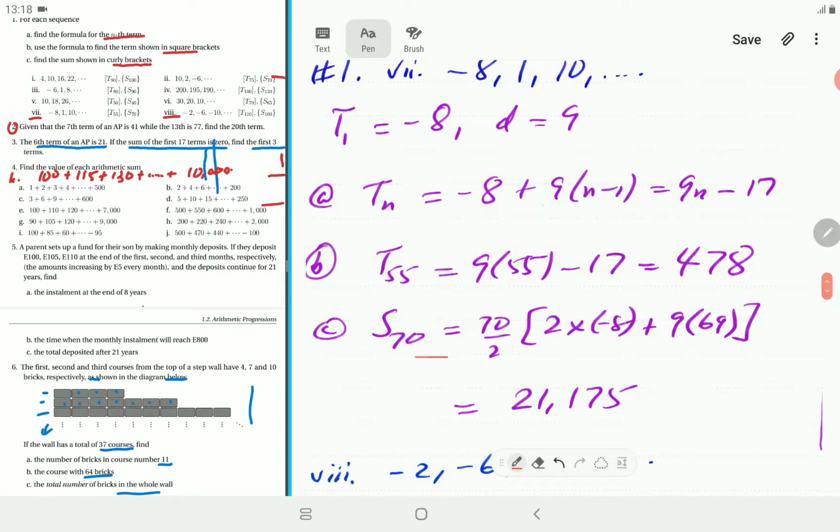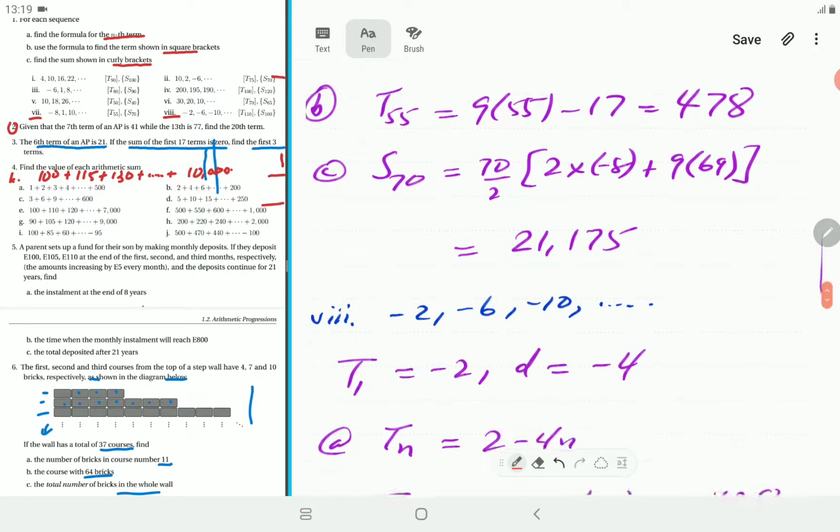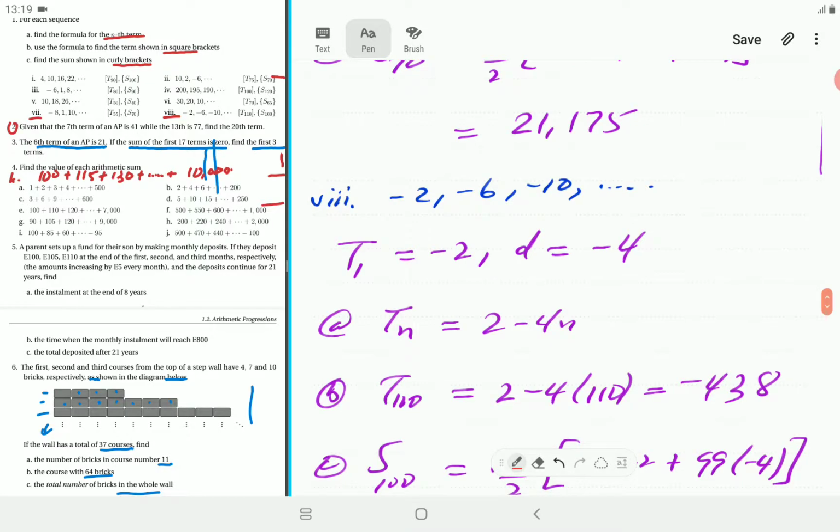Then the sum of the first 70 terms, if we plug into that formula, is going to be given by 21,175.